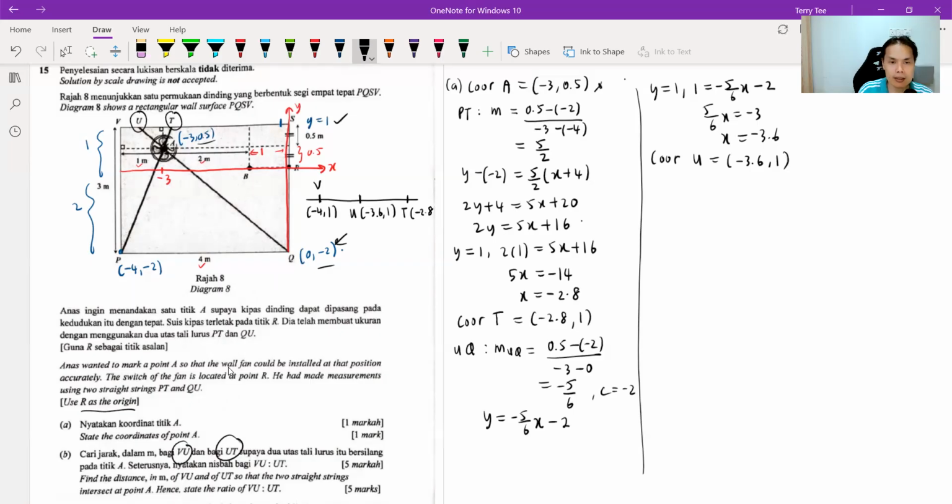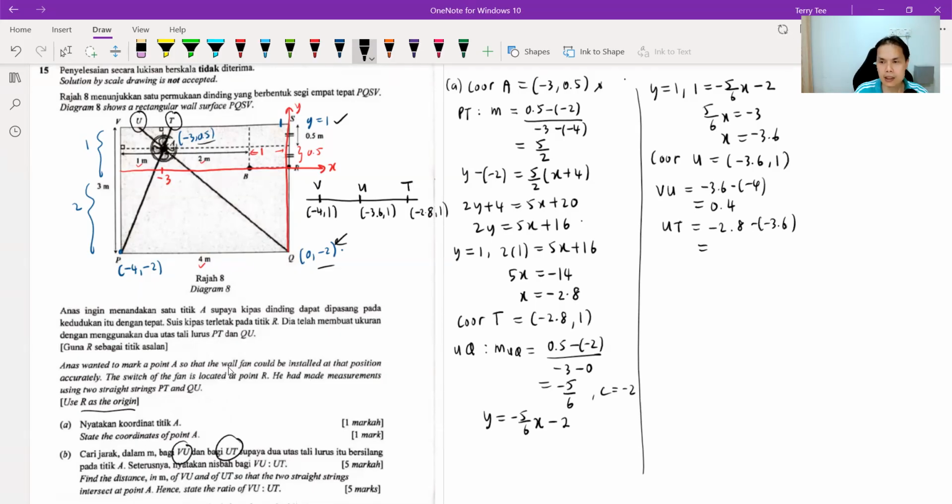Coordinate point T is negative 2.8 and 1. So in order to find the length of VU and UT: my VU will be, let's take the bigger one minus the smaller one. The difference is 0.4. Then let's take your UT, take the bigger one, which is negative 2.8, minus the smaller one, negative 3.6.